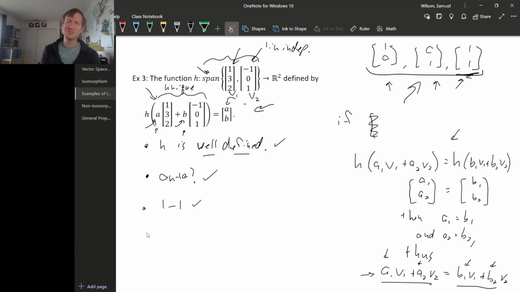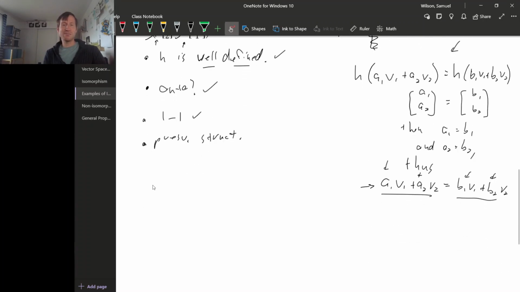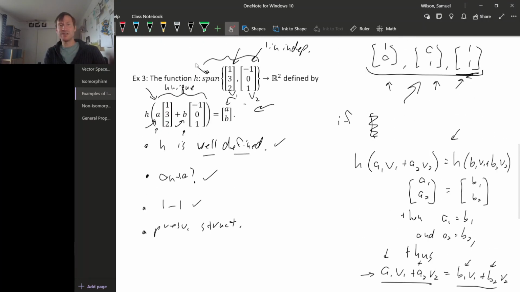Now finally, preserving structure. Scalar multiplication is pretty straightforward, so I'll do addition, right? So let's suppose that we have two vectors in this span, that is, two linear combinations of these two vectors.